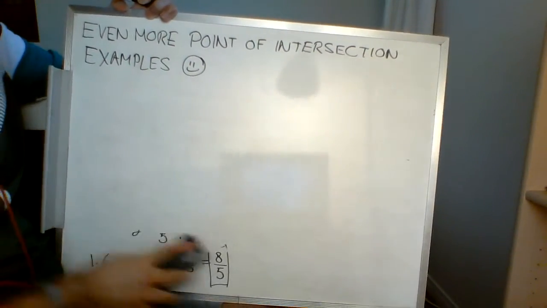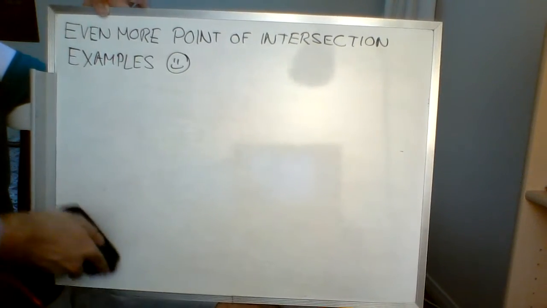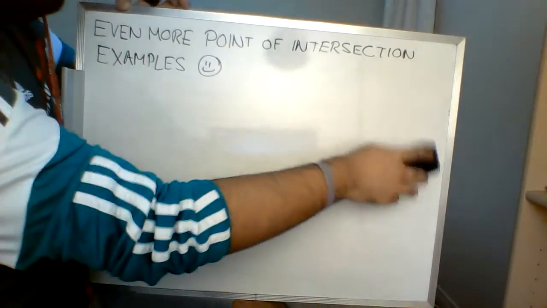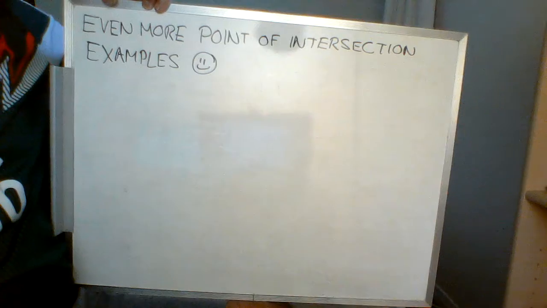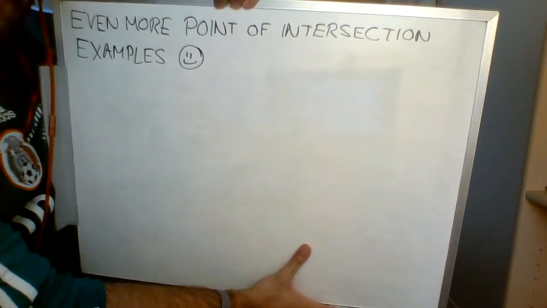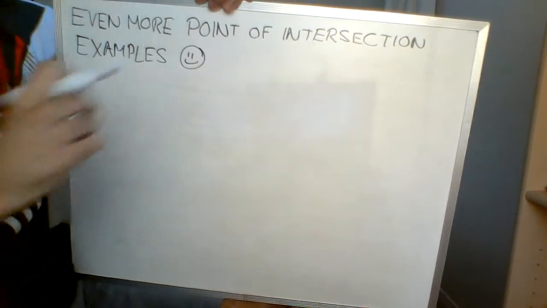It's not going to be super crazy different, but instead of having y is equal to something, I might have 2y is equal to something, or 3y is equal to something, and then we're going to have to end up getting that y all by itself. We're going to try to rewrite it in the more familiar y equals mx plus b kind of form.